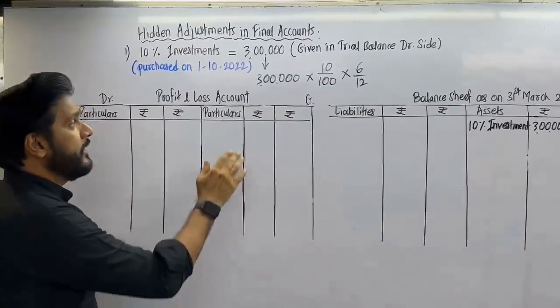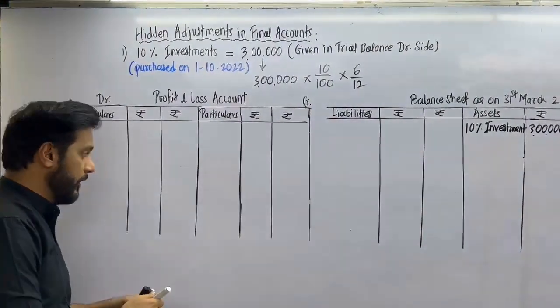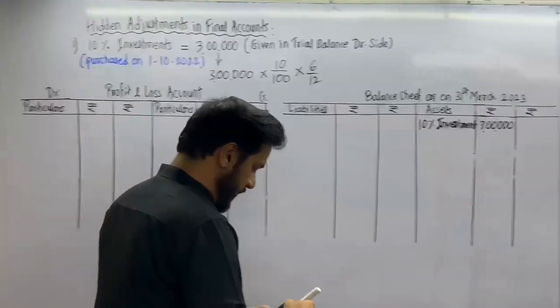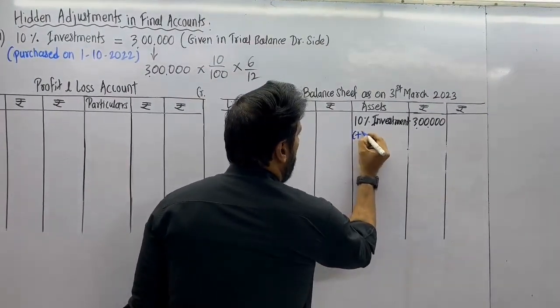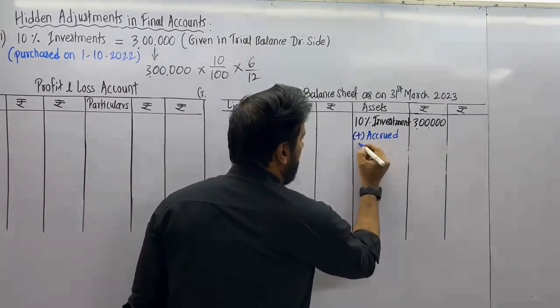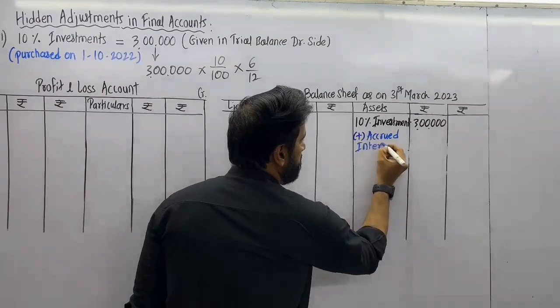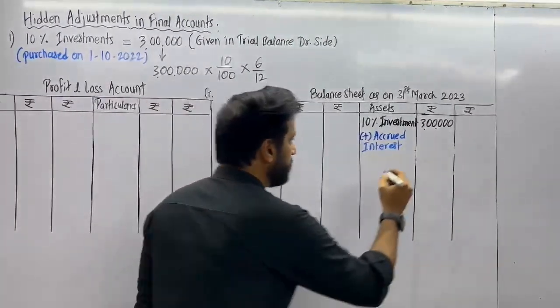How much will be the interest? If we calculate this, the interest would be 15,000, and you will show it in 2 places. Number 1, as accrued interest on the balance sheet asset side, 15,000.